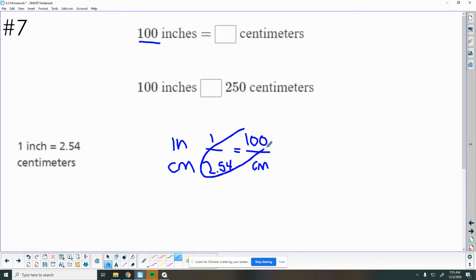So to get centimeters alone, we'll multiply here, and divide by 1 would be the same thing. So this answer, when you multiply, is going to tell you 100 inches into centimeters. So then you'll put it up here, and then it's also equivalent here, and you'll see which one of these is greater.